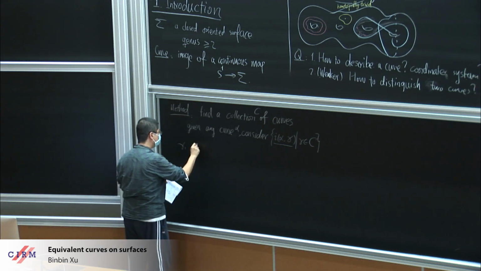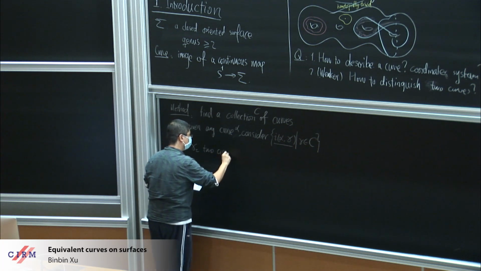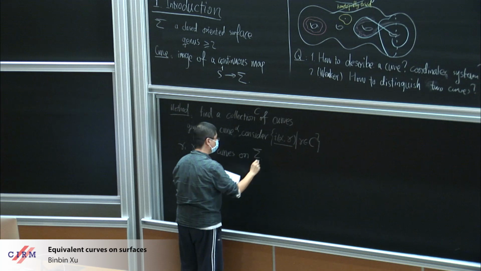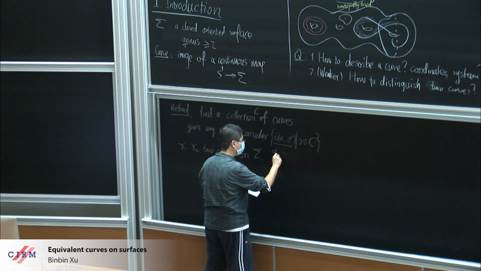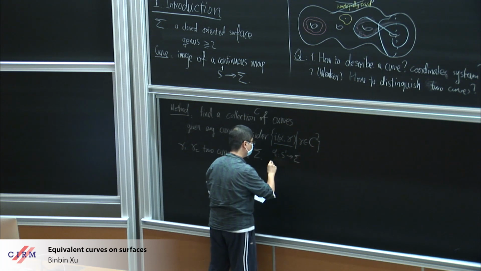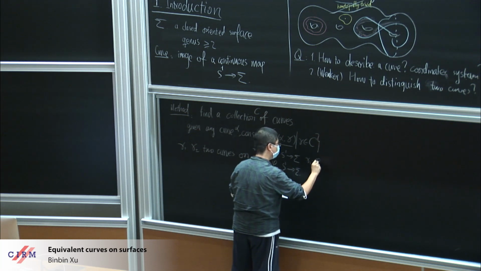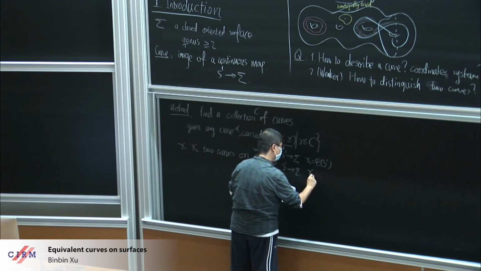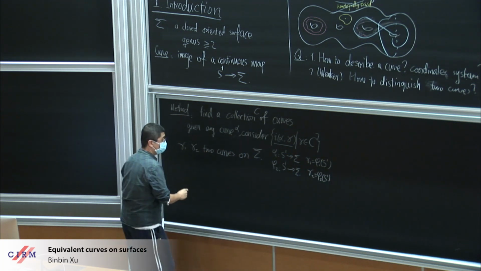So gamma 1, gamma 2 are two curves on sigma. They are the images of some parameterizations of these two curves by S1, such that gamma 1 equals phi 1 of S1, gamma 2 equals phi 2 of S1.